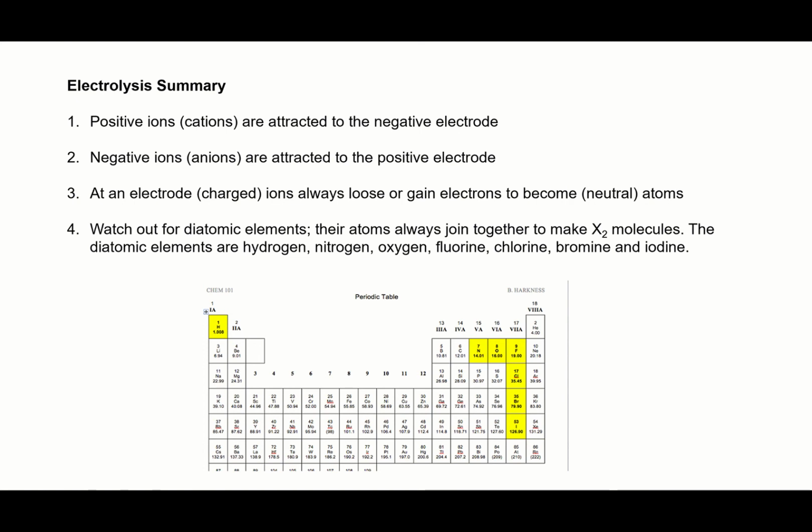Finally, watch out for those diatomic elements. Their atoms always join together to make X2 molecules. The diatomic elements are hydrogen, nitrogen, oxygen, fluorine, chlorine, bromine, and iodine. And as I said, if you were to colour them in on the periodic table, they would look like the number 7, as you can see in the diagram below.